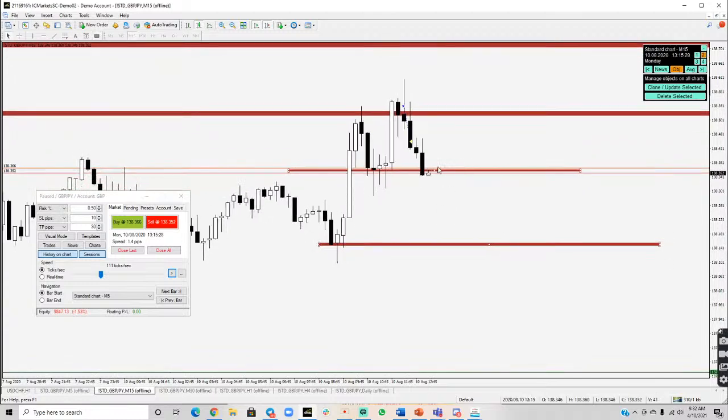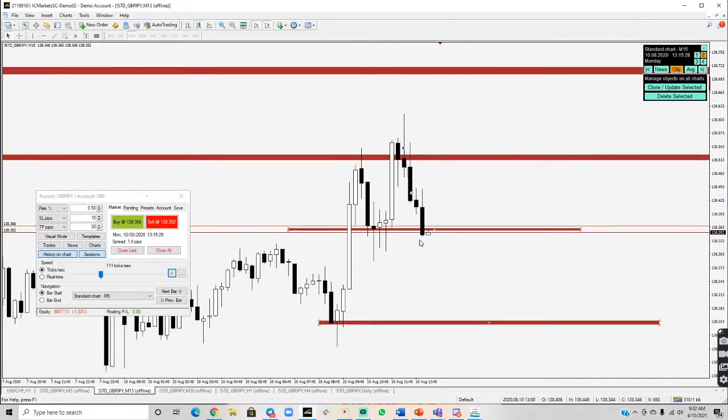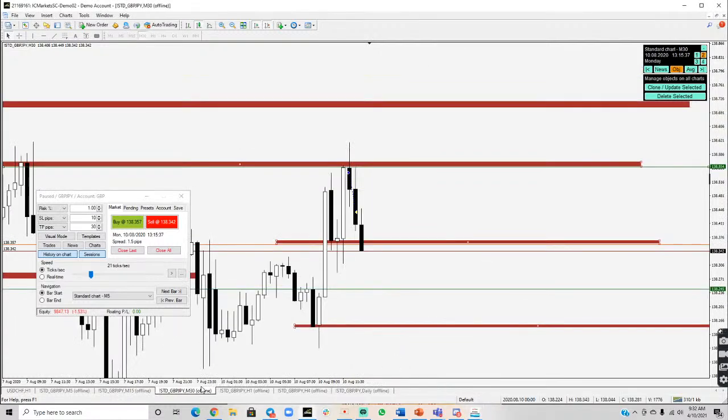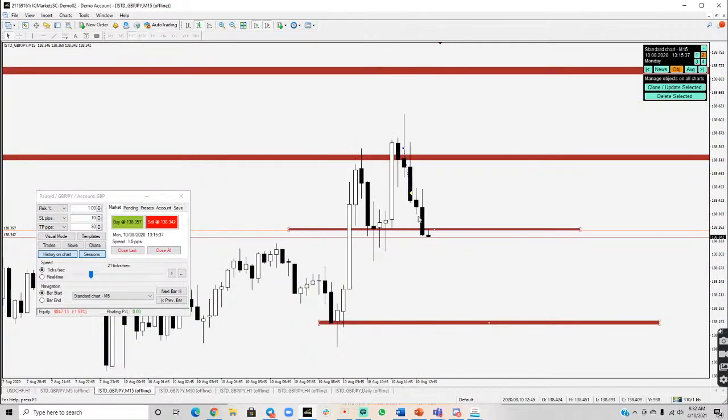Seeing that we break and close below, I think if we start to break the low here, this will increase the probability for the market to push price down. Even though the 15-minute gives weak confirmation, it's looking pretty good because we close clean below the support on the 15-minute time frame. So it makes sense for us to continue to push down.